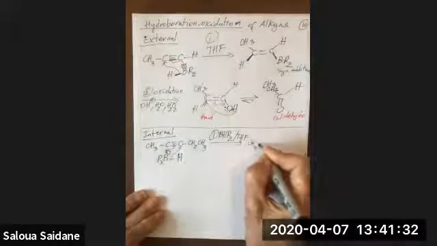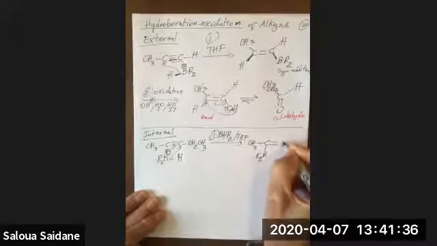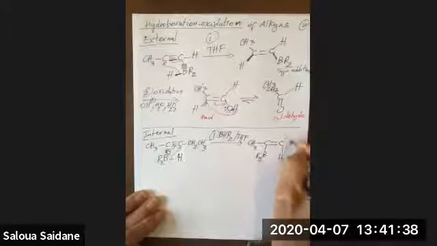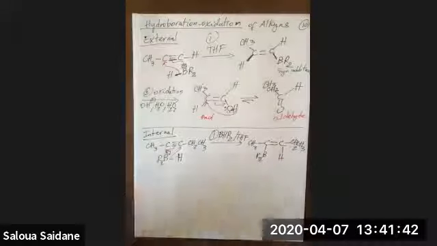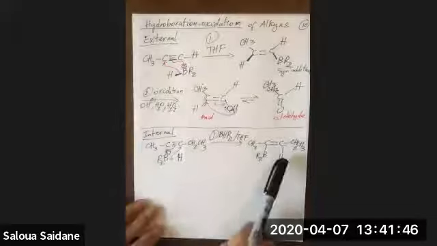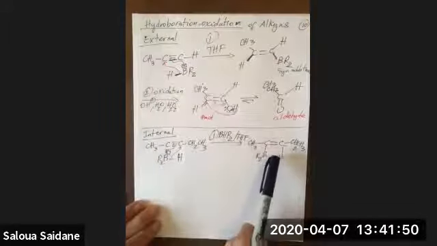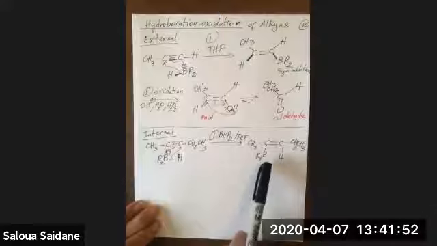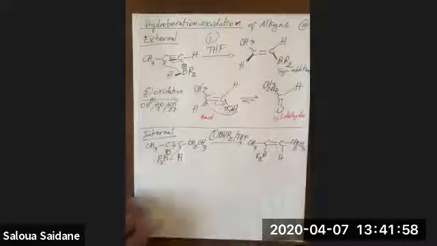So I have CH3, C, BR2, double bond, C, H, CH2, CH3. Okay? But it can also add to the other one, but it's going to be almost like 50-50. Okay?